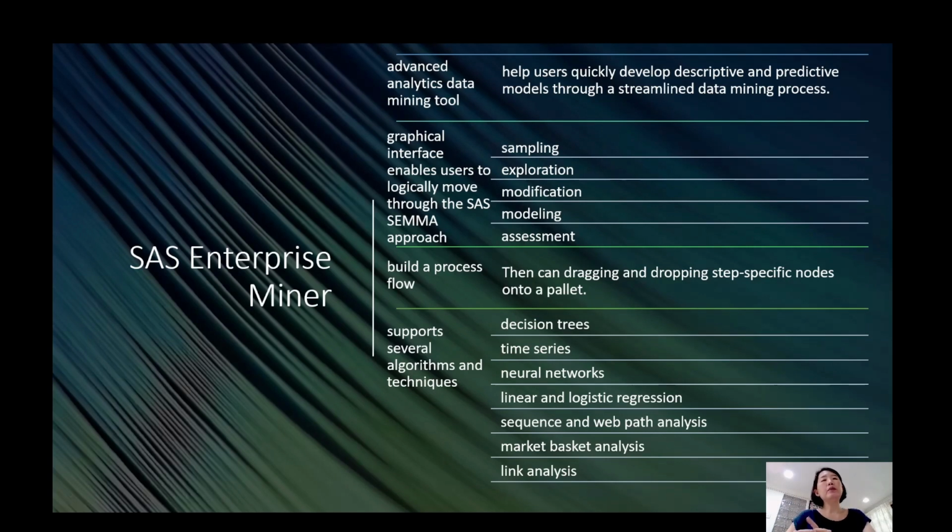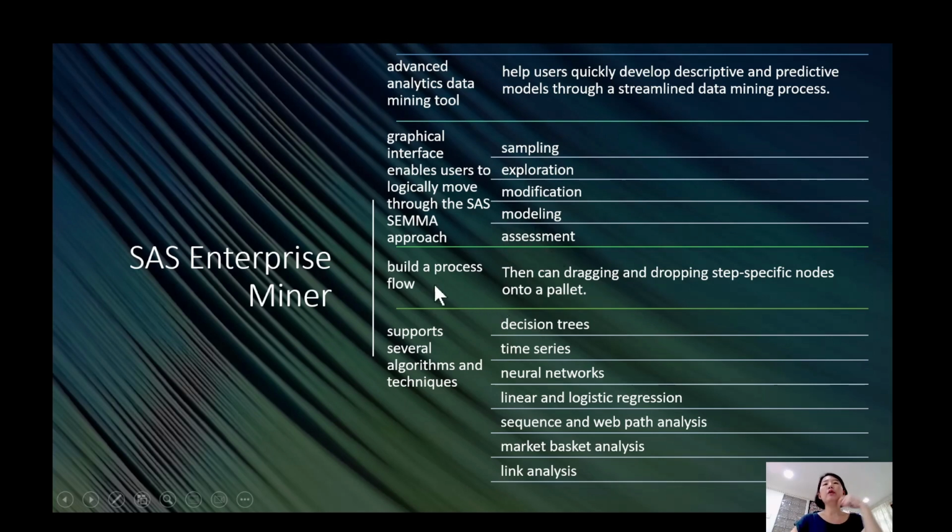SAS Enterprise Miner, or SAS Studio, is an advanced analytic data mining tool that helps you to develop your own descriptive and predictive models through a streamlined data mining process. They provide this graphical interface to enable users to logically move through the SAS SEMMA approach, which means sampling, exploration of your data, modification of your data, building your models like predictive models, and then assessing your model.